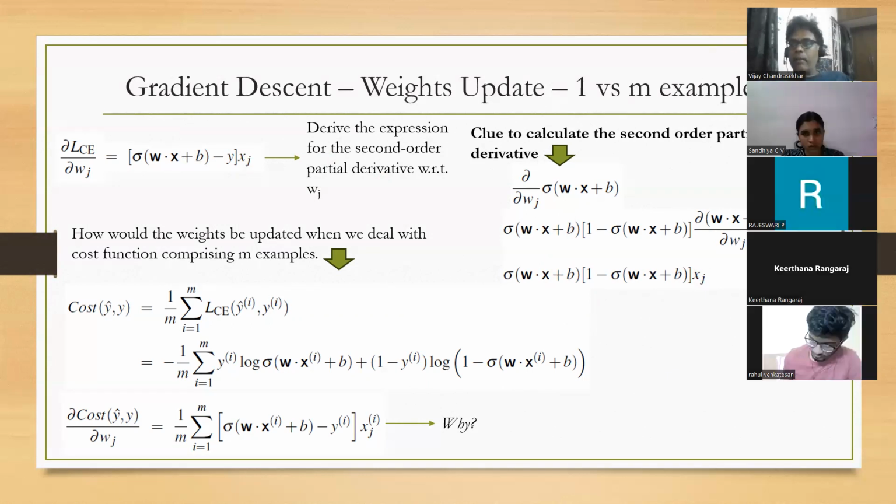So coming back, what does y hat into 1 minus y hat xj squared, or rather in this case, a second order derivative mean? We discussed this a while back. What does a second order derivative mean? It defines the curvature. Exactly.